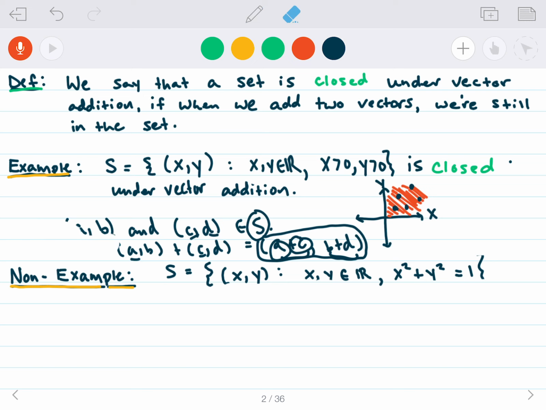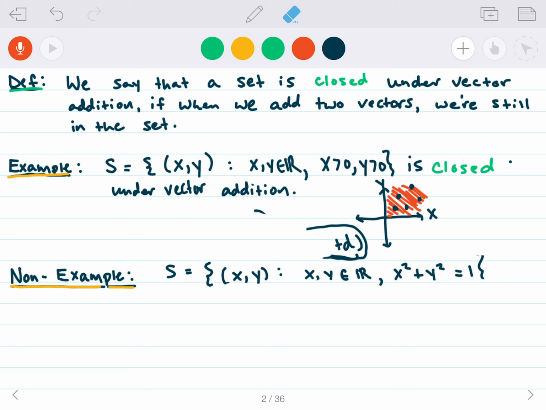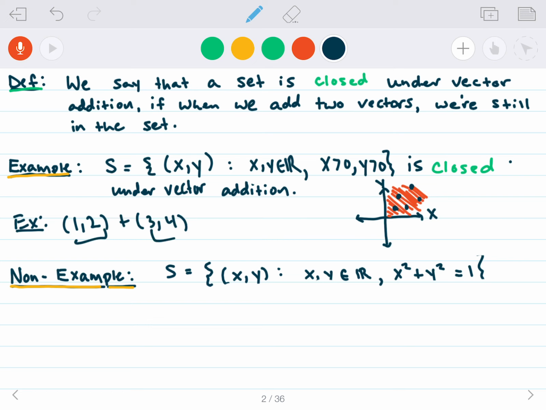We can look at a more concrete example. If we actually assign numbers to the coordinates, we can say (1, 2) plus (3, 4). These are both members of our set because both x and y are real numbers and they're both positive, so they're in quadrant 1.